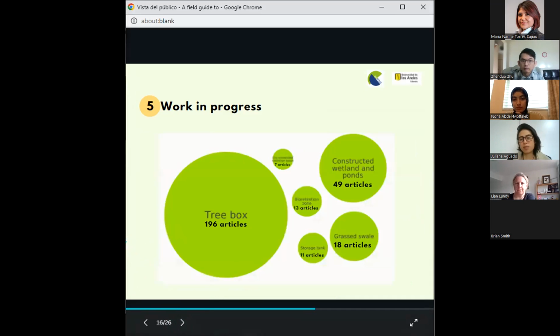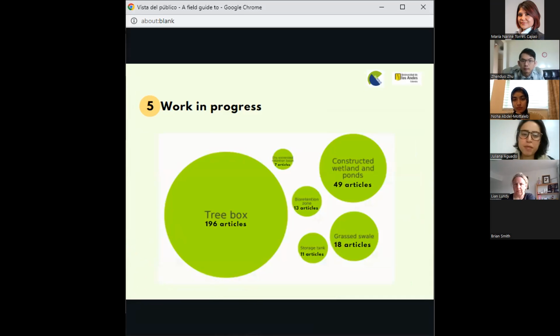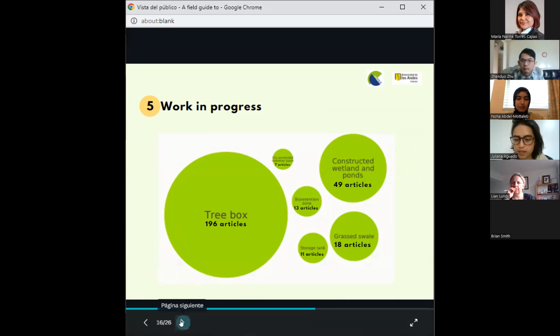Here I present some preliminary results reviewed. Urban tree boxes or urban trees are the most studied, followed by constructed wetlands, ponds, and grass swales.